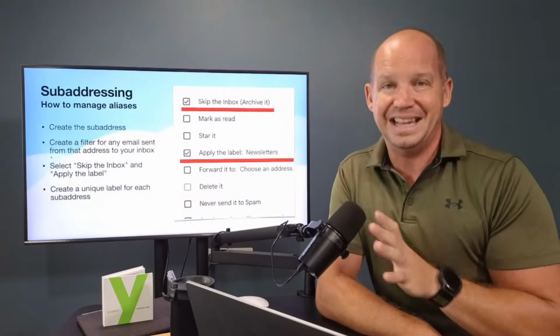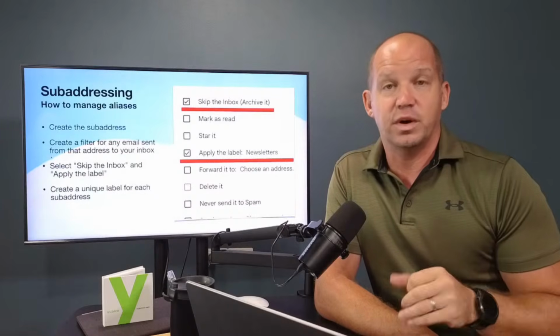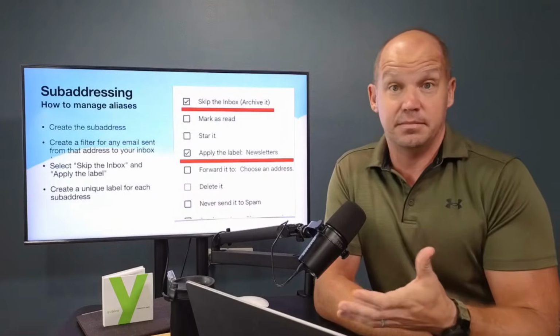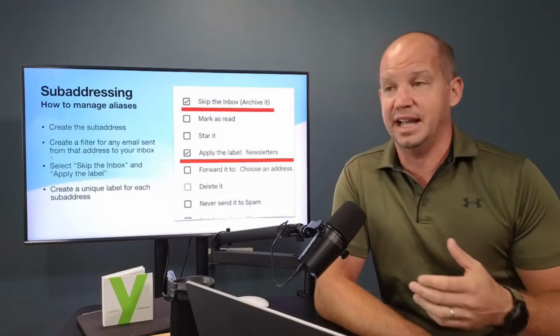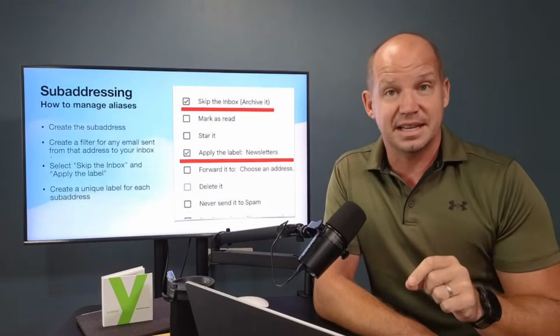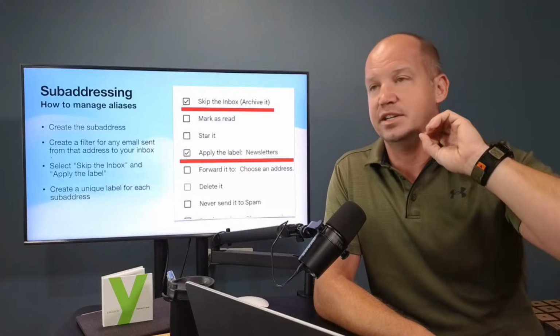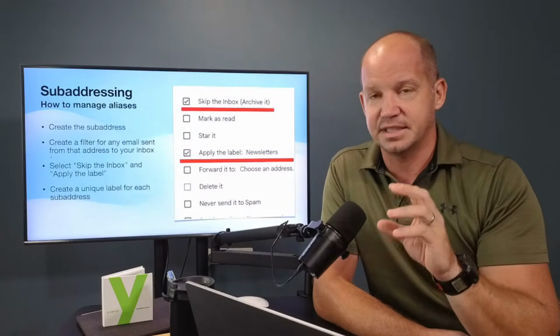All right, next, yes, I wanted to make sure that I gave you a quick explanation of how to handle sub addresses. So if you are managing multiple sub addresses, what I would do, and this is not a bad way to do aliases, by the way, especially if you need something quick and you don't have anything else ready and available, is going in and creating that sub address. Let's say you're on a landing page and they're asking for your email address to send you something.